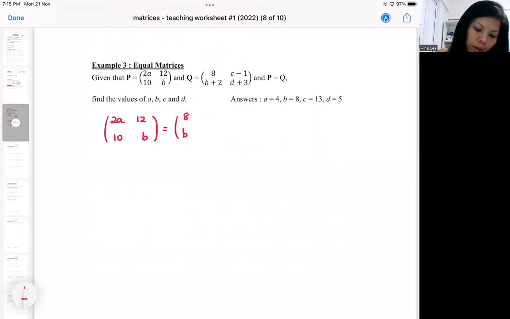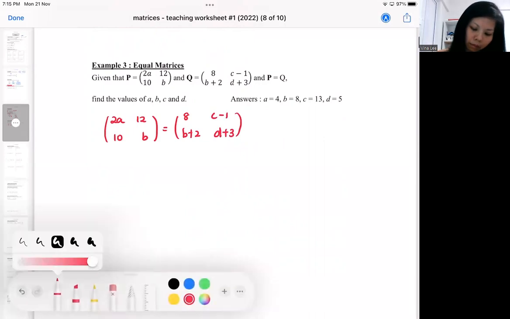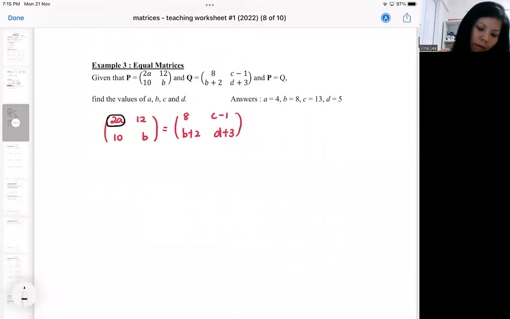So it will lead you to certain formats of equation. So if you compare this and this, it's actually quite simple, but it can also be very subjected to careless mistake.